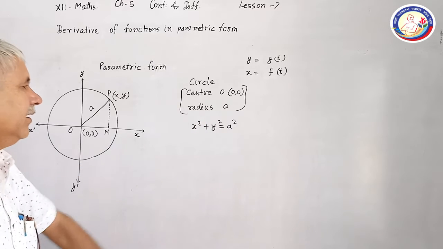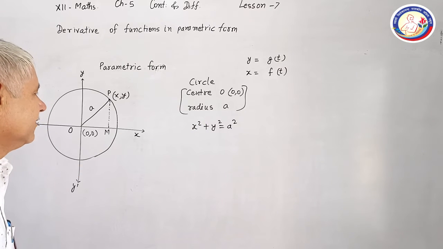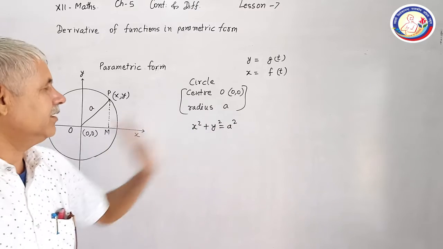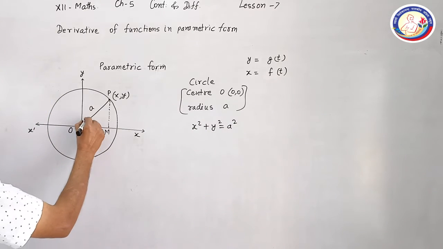We can write this in another form. How can we write it? I am writing x in terms of another variable, and y also in the same variable.